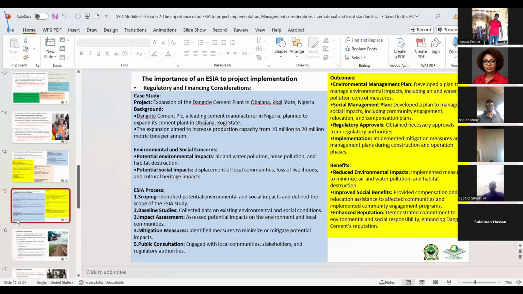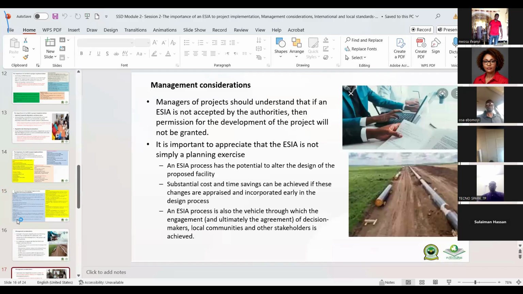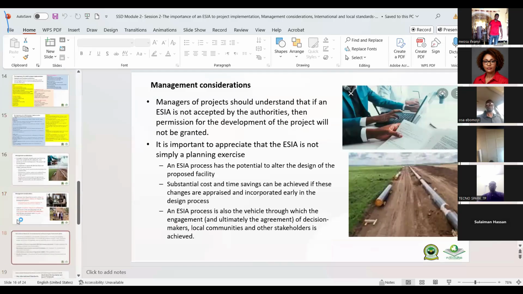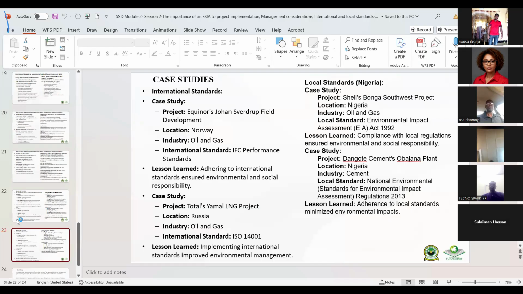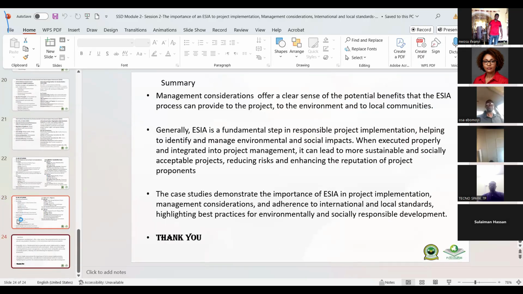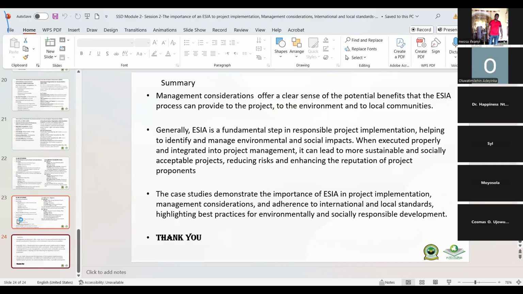When you go through these case studies and you are aligning, you find out that as a project manager, there is no way your project will not succeed. The first thing you do as a project manager is to make sure that the items concerning ESIA are actually taken, especially if your project is of high or low impact.